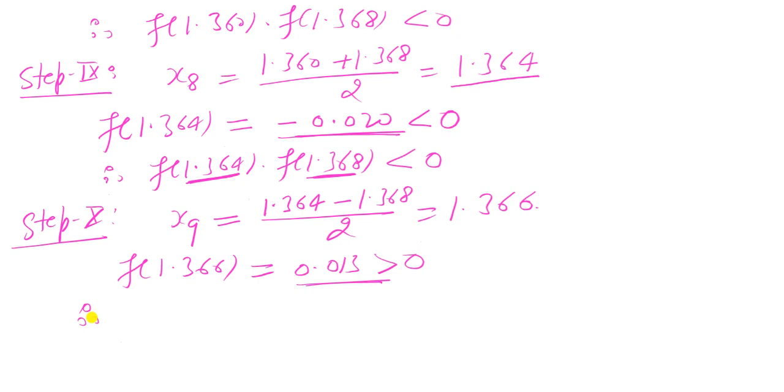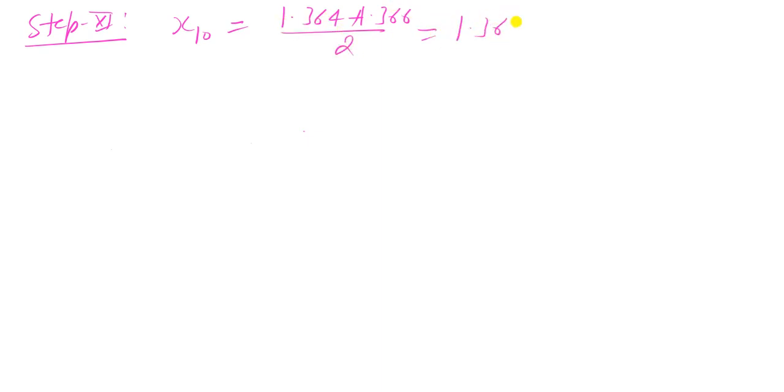So therefore the product of both the functional values, f(1.364) into f(1.366), is less than 0. So now the root is lying between 1.364 and 1.366. So compute the 11th step, and in the 11th step the 10th approximation to the root is denoted by x10, and x10 is equal to (1.364 plus 1.366) upon 2, and this value is 1.365.